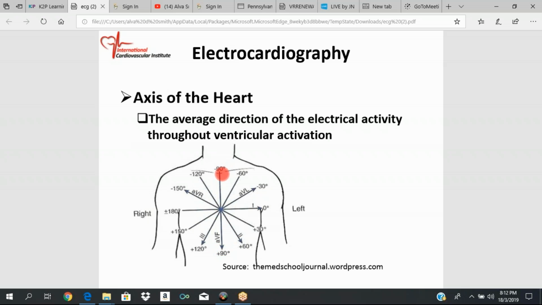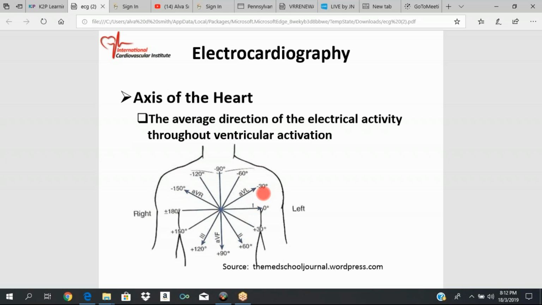The negative AVF is going to be 90 because the sum total is going to be 180. So positive lead 3 is 120 degrees, negative lead 3 is minus 60. Remember what we said: all the stuff up here is negative, these are positive. AVL is minus 30 because it's in this quadrant.